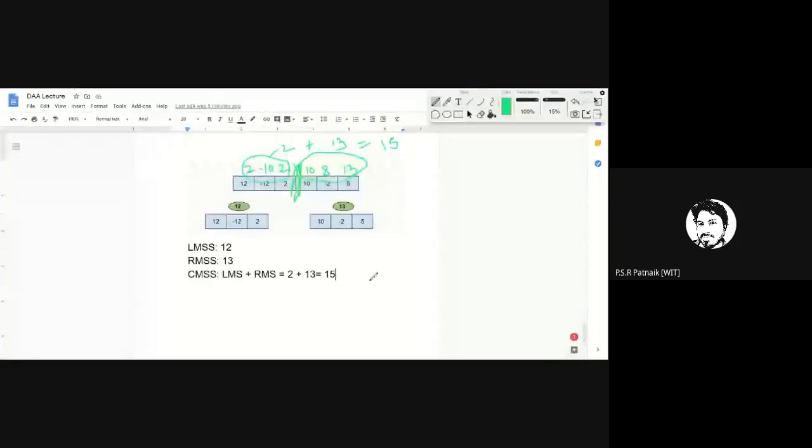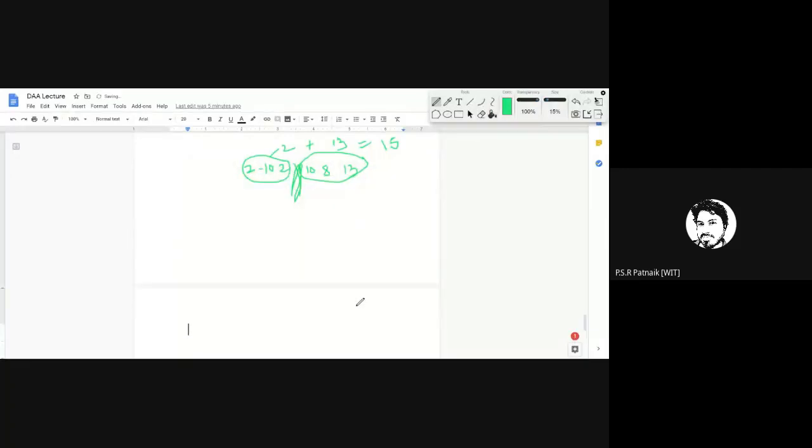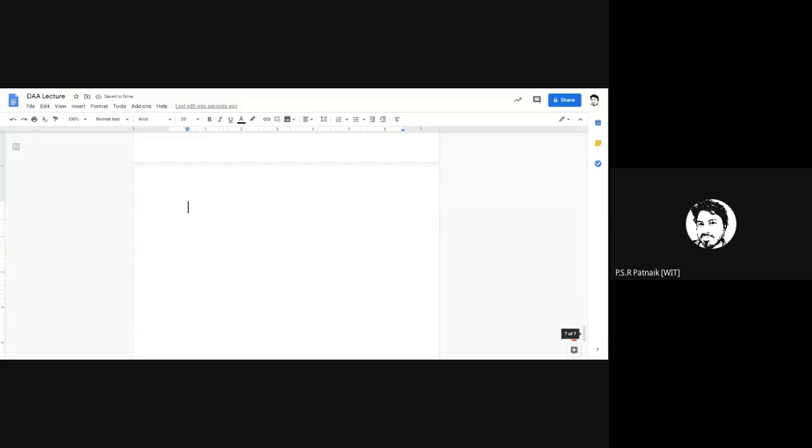Okay, so here, if I further solve it, this is equal to 15 and right is equal to 7, and I have to calculate SS, which is nothing but LMS plus right max sum. So let me see what will be the sum here.